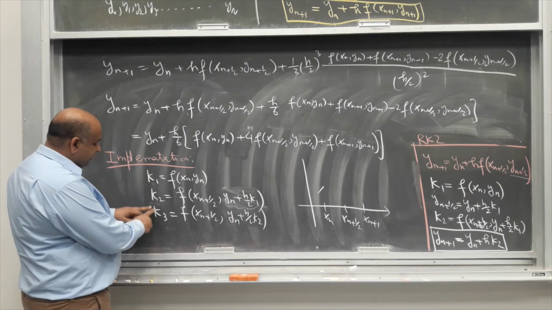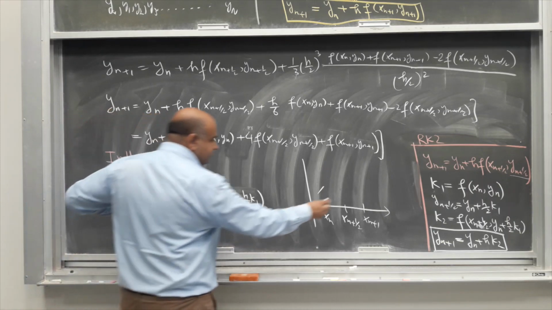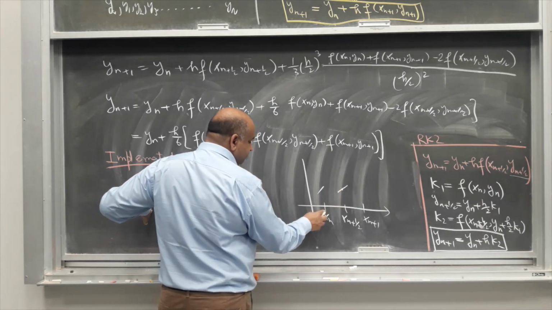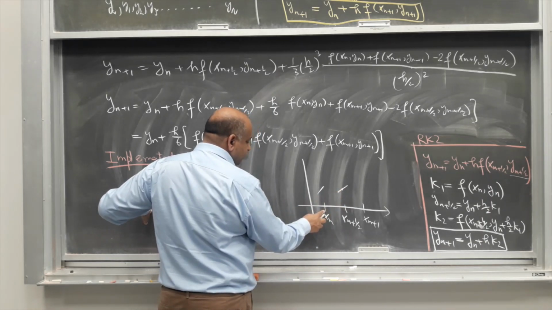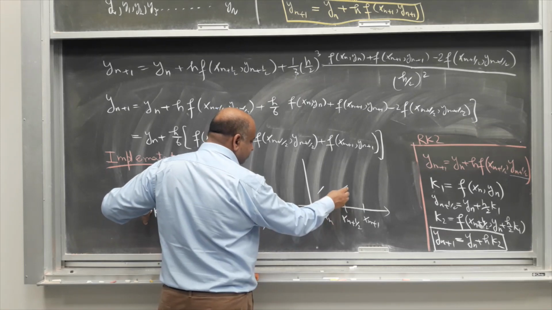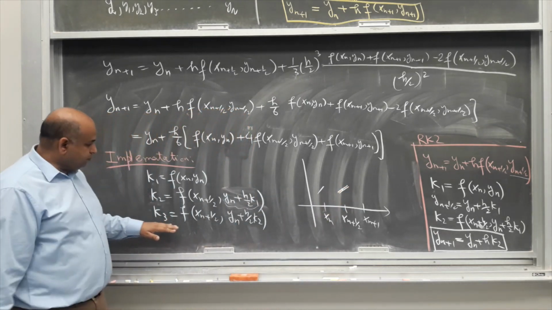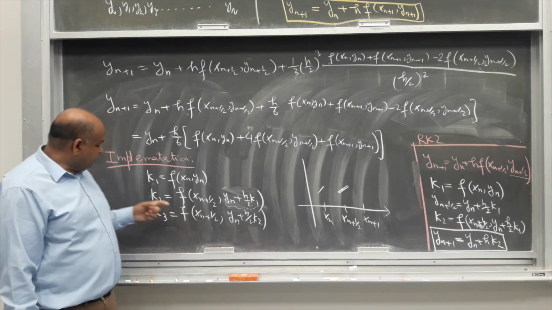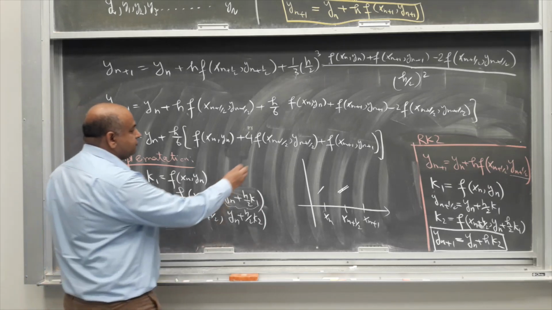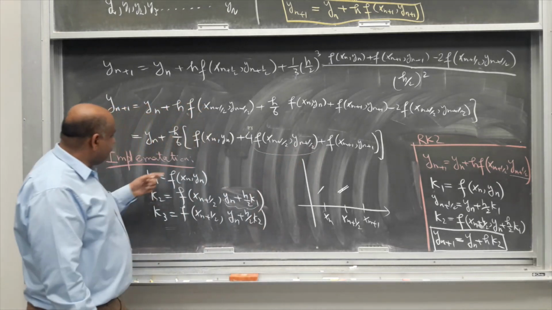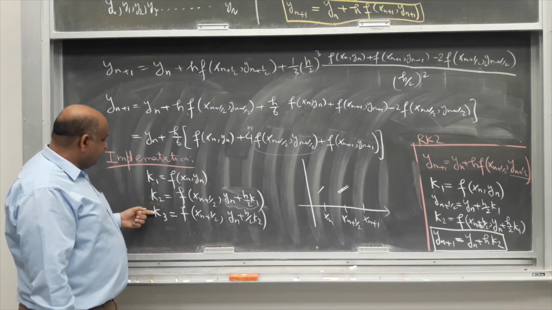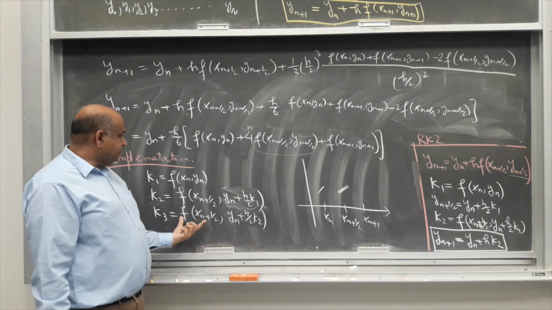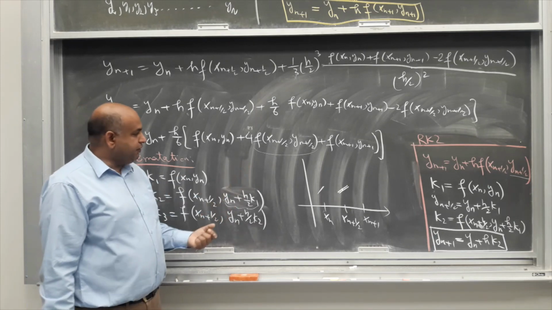So k2 and k3, they're both slopes at this point, but one is computed using this previous information using the forward Euler method, and the other, k3, is essentially the slope which is computed using the backward Euler method. So you see both of these can be used for this part. This k1 is nothing but this, and this k2 and k3, they can both be used for this slope, and they can give us alternative implementations.